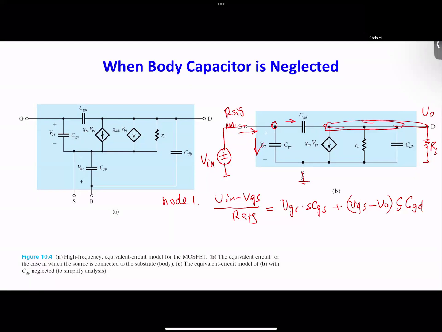And then on node 2, we have all the current going out: the current going this way, this way, this way, this way, and this way.